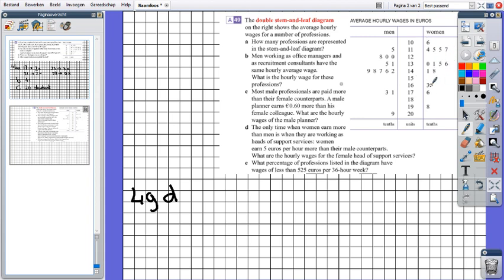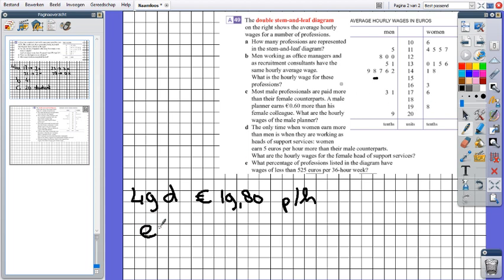For €16.30, that means there should be €11.30, isn't the case. €17.60 minus 5 gives us €12.60, isn't represented either. So hopefully €19.80 minus 5 leaves us with 14.8, and that one is represented right here. So in that case we know that the female head of support services earns €19.80 per hour. Only one answer available, this one.